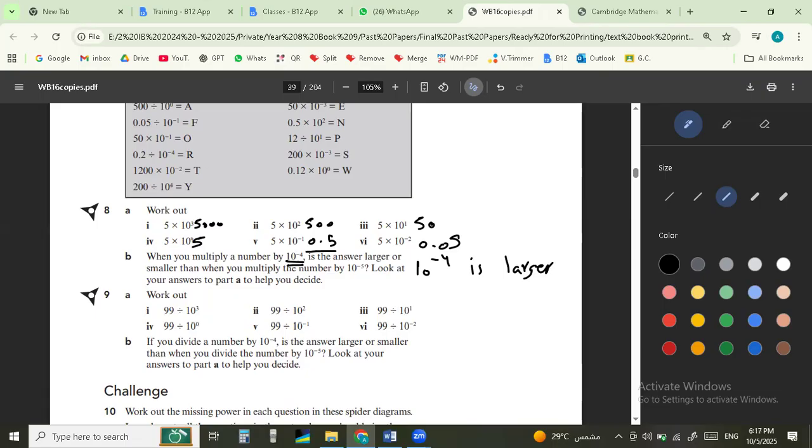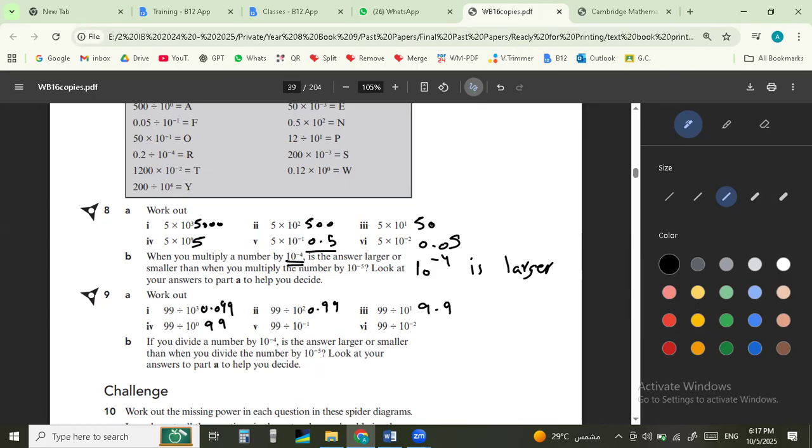Here, work out this. We're going to divide. Dividing by 1,000, so it's going to be 0.099. This one over here is dividing by 100, 0.99. This is divided by 10, so 9.9. Divided by 1, which is 99.